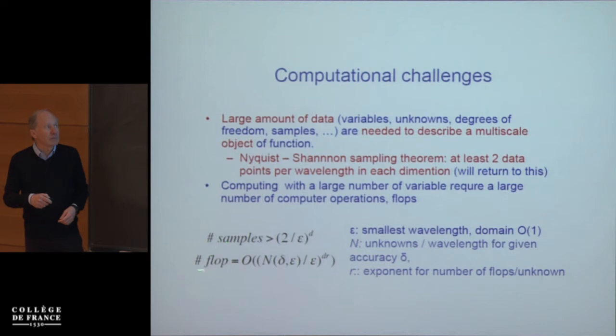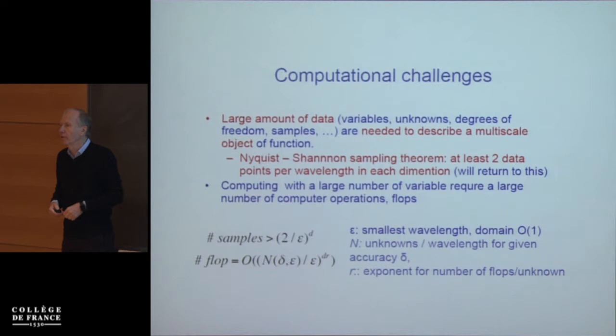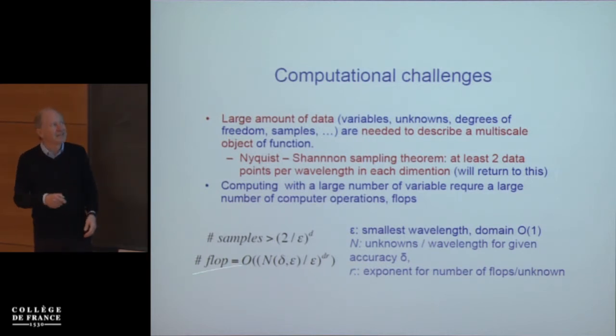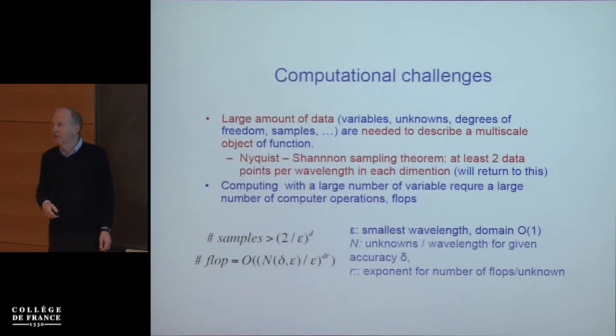Then later we will come to the question about the cost in terms of floating point operations. Here we don't think about distributed calculation, just the number of floating point operations. And that could, of course, if you have an explicit method of a direct type, be of the same order, if it's highly accurate.